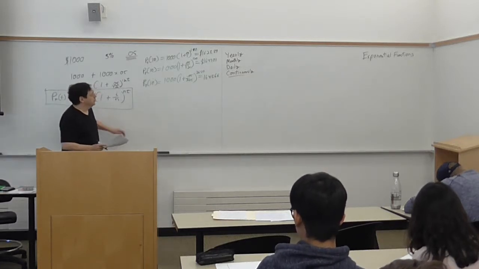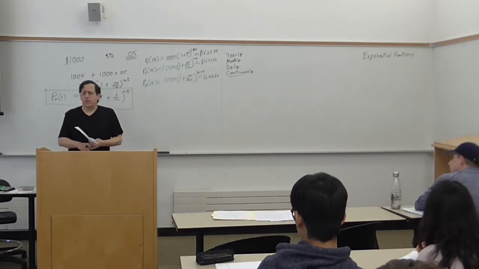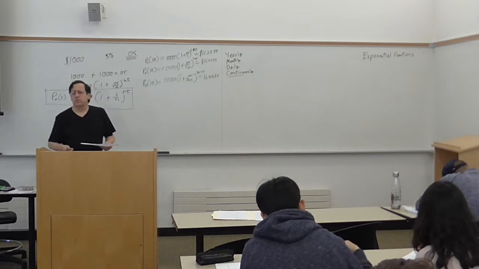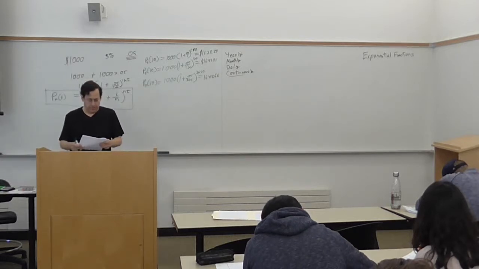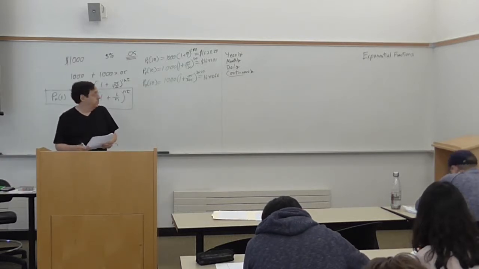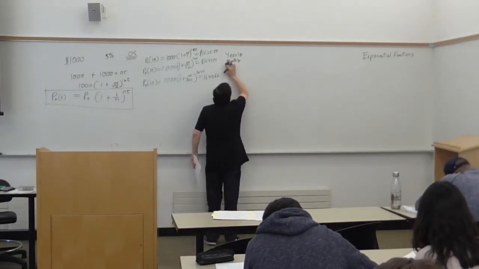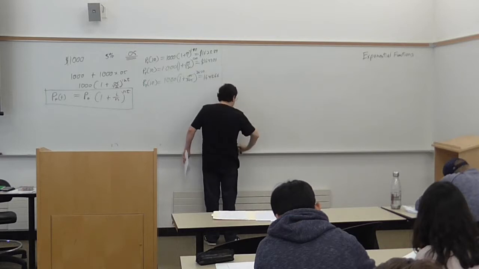That was a very practical problem. We're going to switch gears now. We're going to do something very mathematical and very abstract. We're going to look at something called Euler's constant.